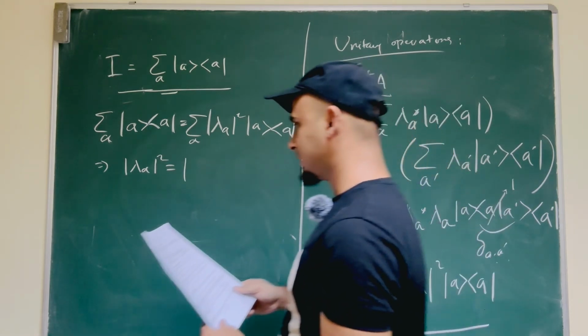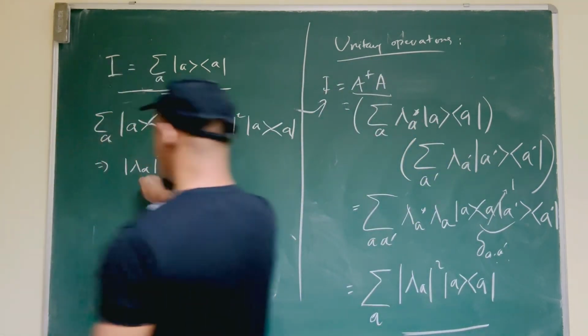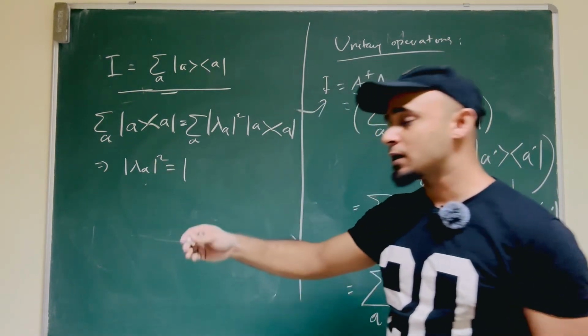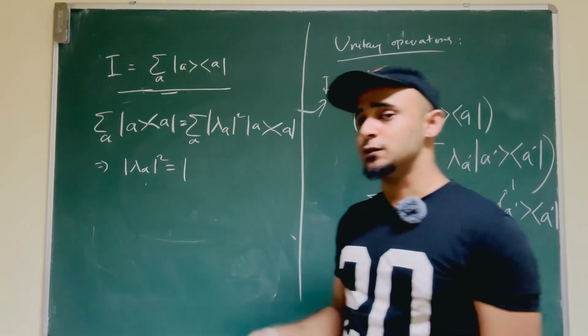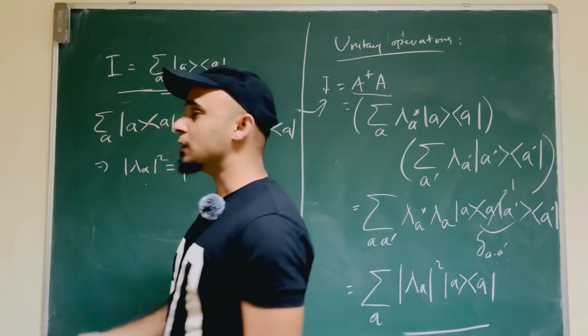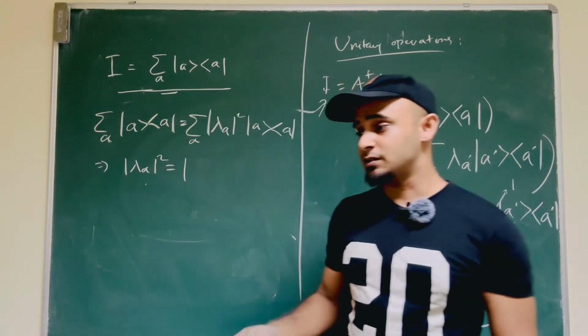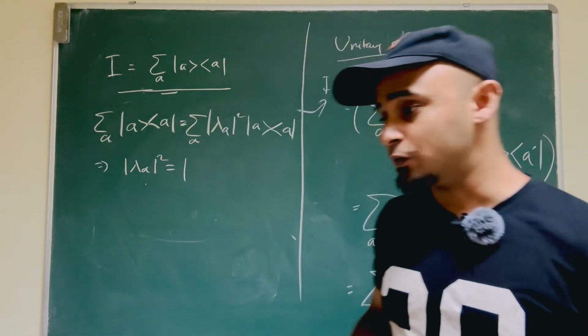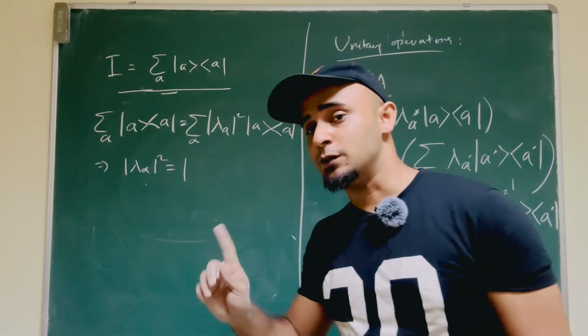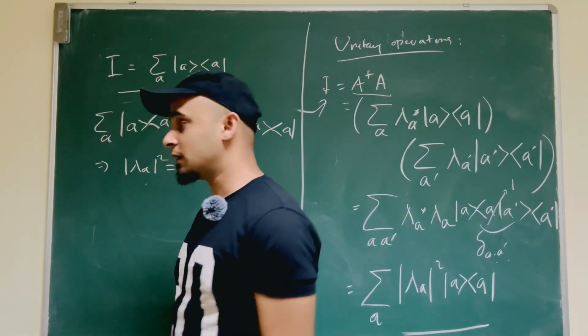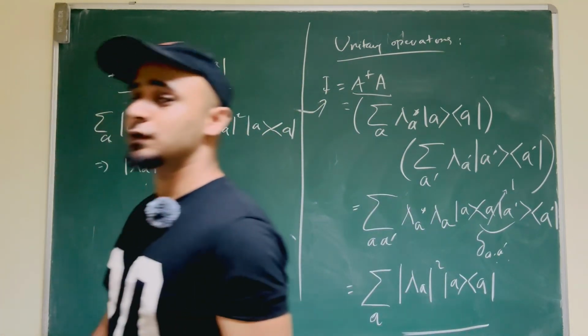Okay, so what does that mean? This thing has no magnitude. It is unitary. In a complex plane, if a complex number has an absolute value of 1, it means that it's just a unit vector with a certain phase. So that's the case of the eigenvalues of a unitary operator.